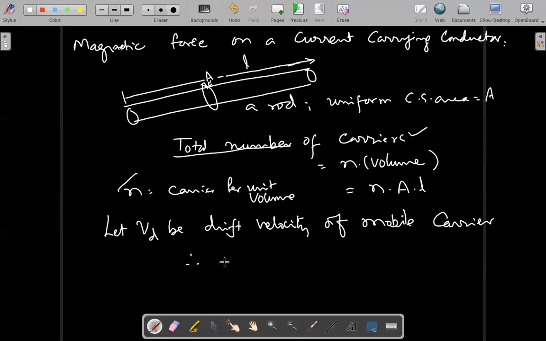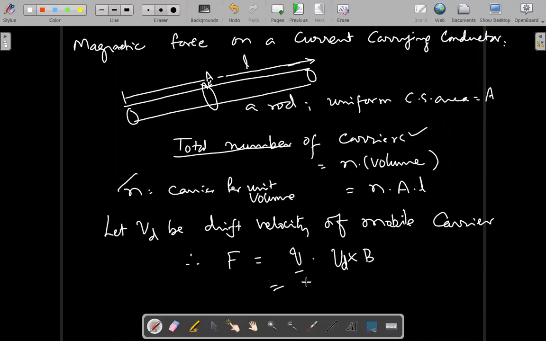Therefore, we know that if there is a magnetic field B, the force F on them is equal to whatever we have done so far, that is Q times the drift velocity cross the magnetic field B. But this Q is the total charge.